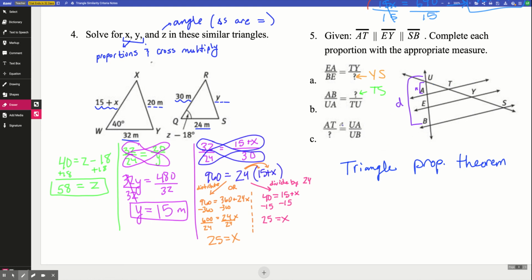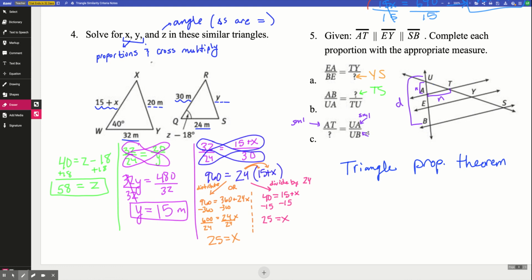So that means for my other fraction, I'm going to be dealing with side lengths within those two triangles. So AT is the bottom side in the smallest triangle. Right, so this is in the smallest triangle.